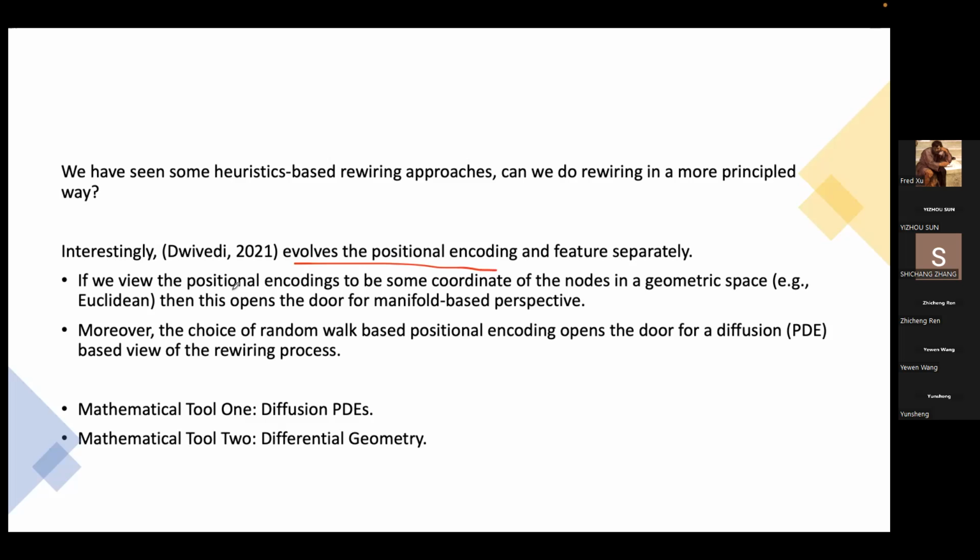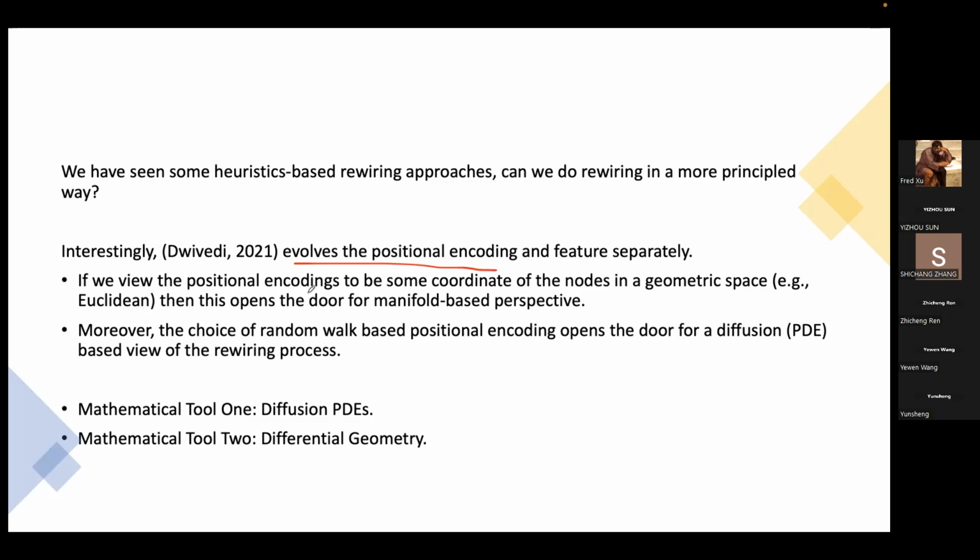When we think about positional encoding, we think about the relative positional information between the nodes. If you think about a Euclidean space or any geometric space, we think about the coordinates of each node. So that would be considered positional.